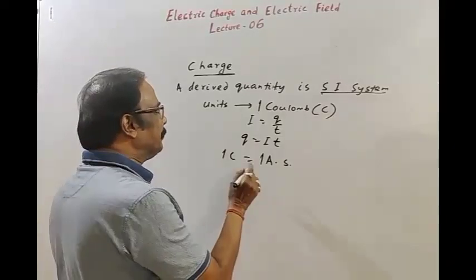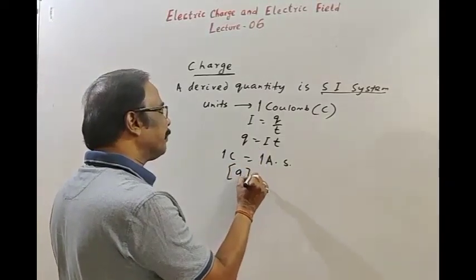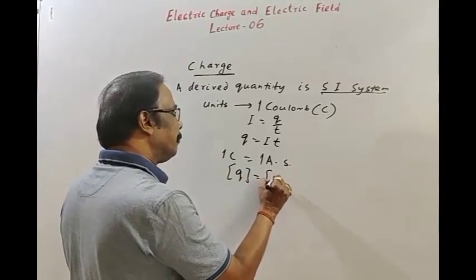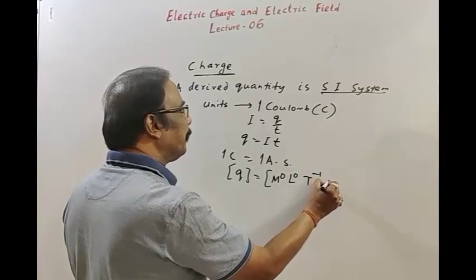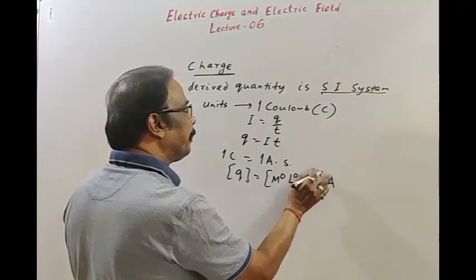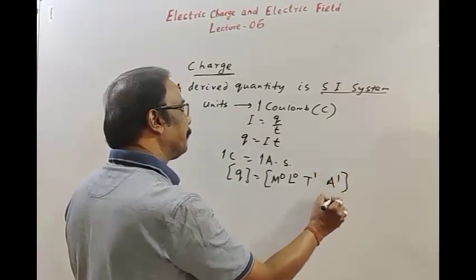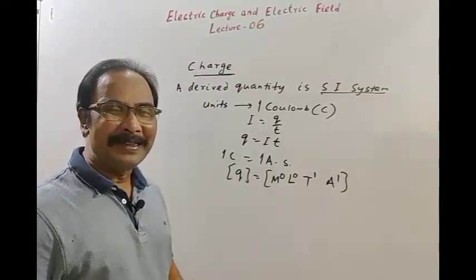Okay. So dimensional formula of charge, from this you can obtain it. Mass to the power 0, length to the power 0, time to the power 1 second, and for current A to the power 1. Current into time is equal to charge.